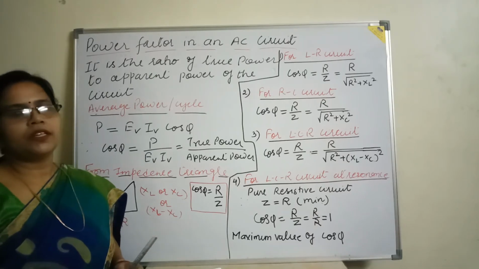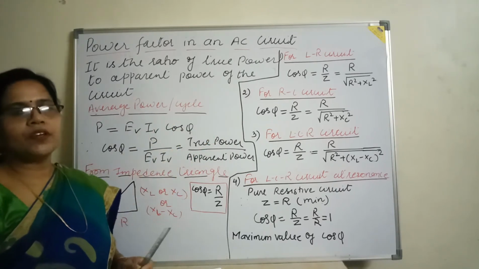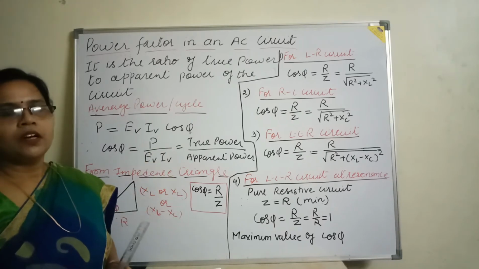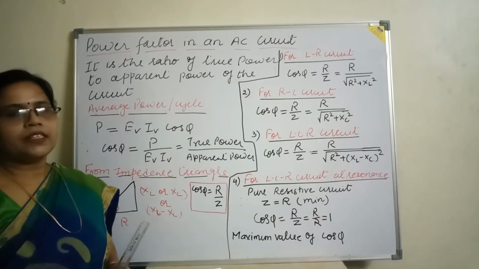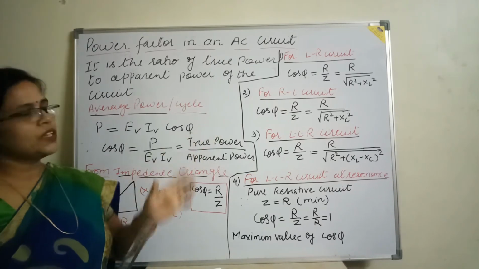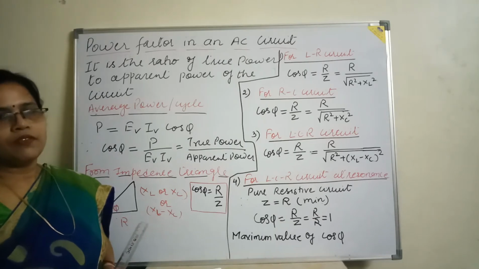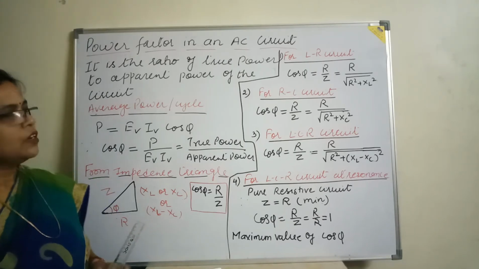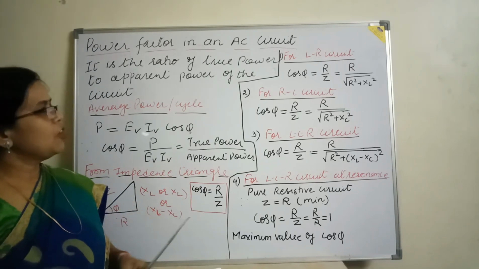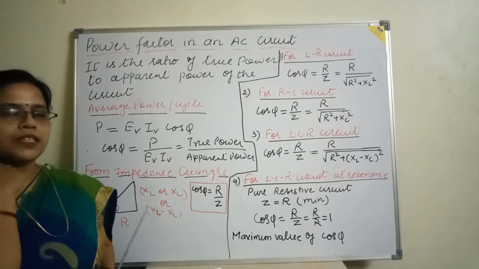You have read about the LR circuit, the RC circuit, and the LCR circuit. In the LR circuit we have the reactance X_L equal to omega L, and in the RC circuit we have the reactance X_C equal to 1 upon omega C. So you have read about the impedance of these circuits. Impedance of the LR circuit is under root of R square plus X_L square.